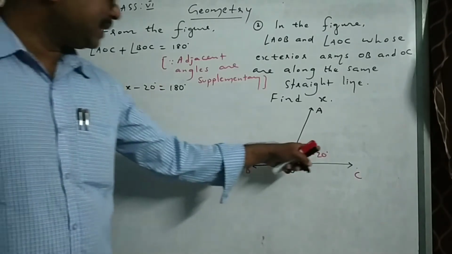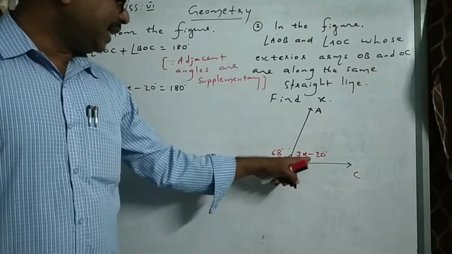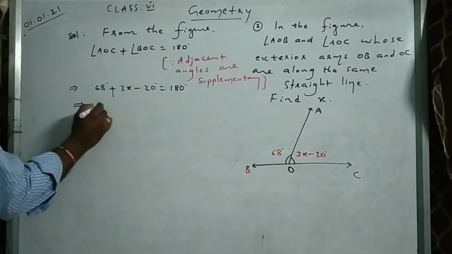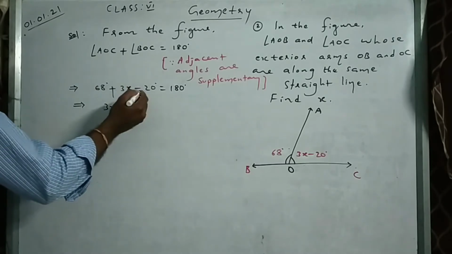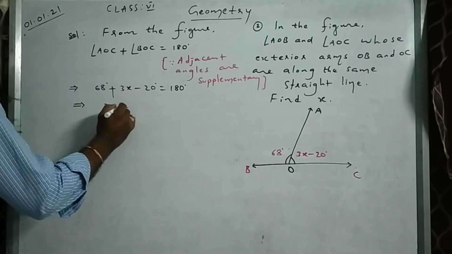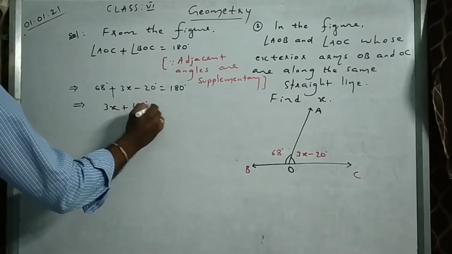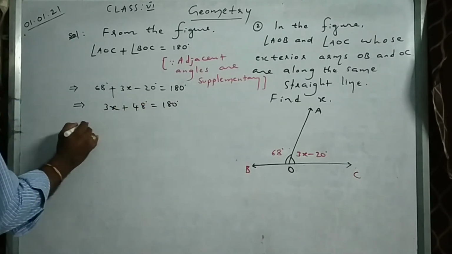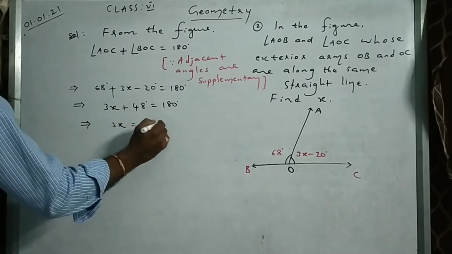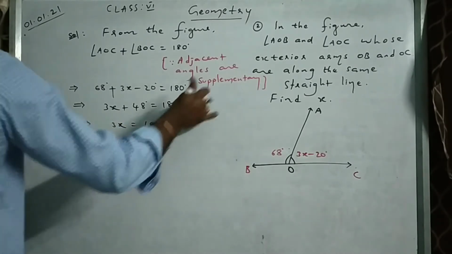Since they form adjacent angles, this one plus this one together is 180 degrees, right? So 68 minus 20 is 48, right? 48 equal to 180. So 3x equal to 180 minus 48.